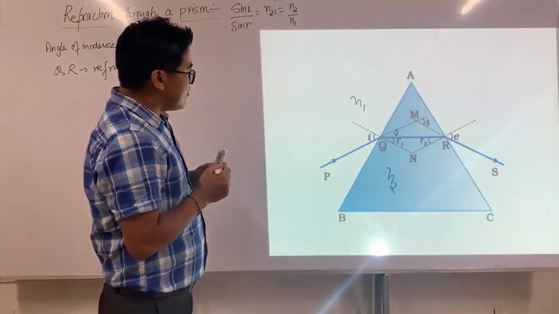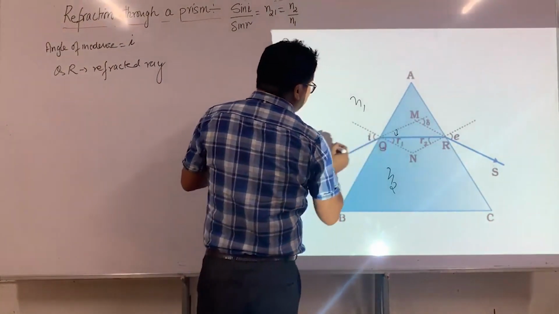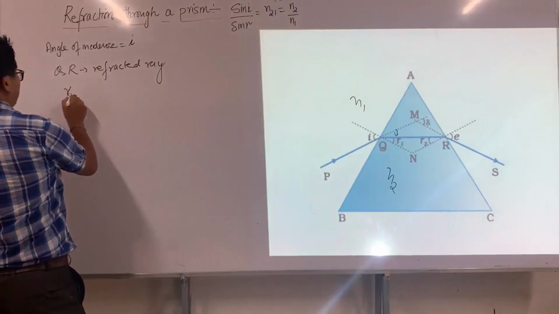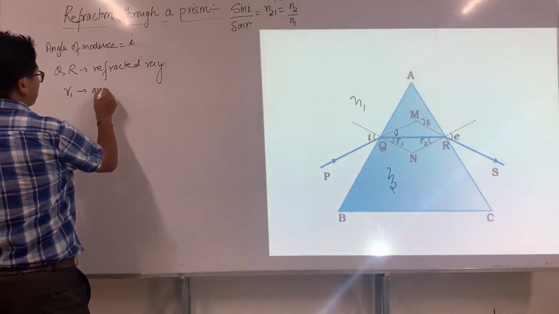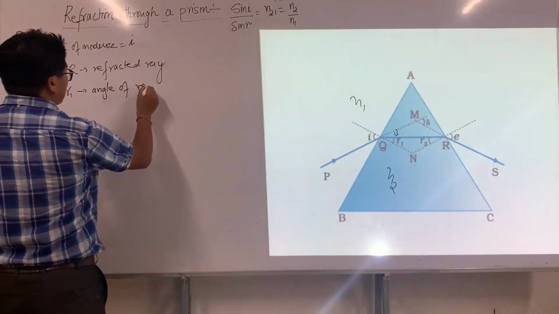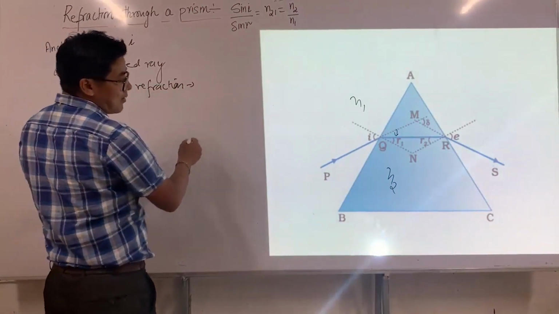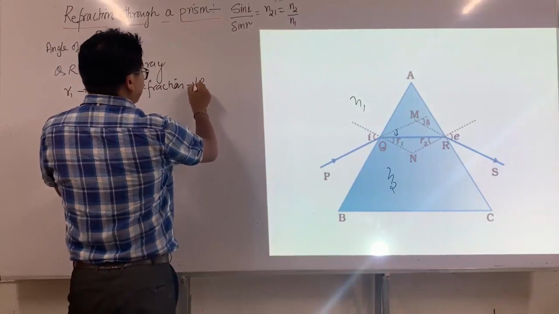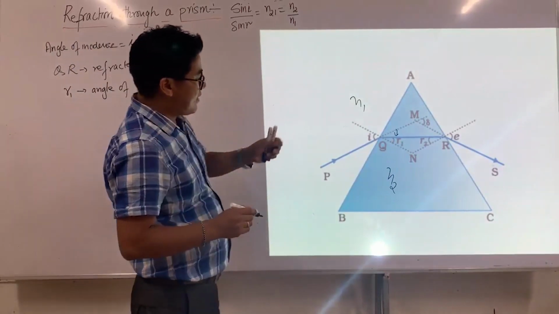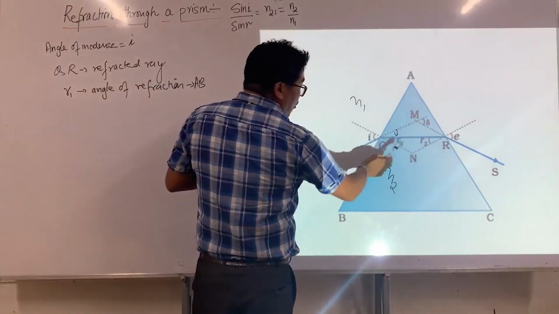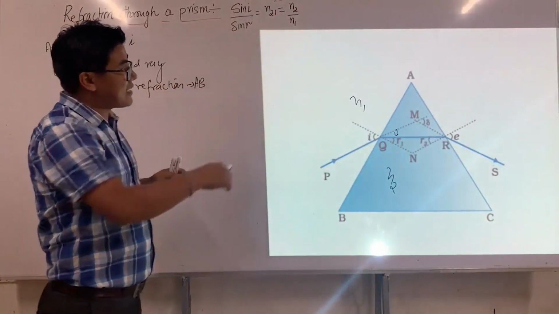Now look here. r1 is the angle of refraction at the first surface, that is AB. And now QR is incident on the second surface.